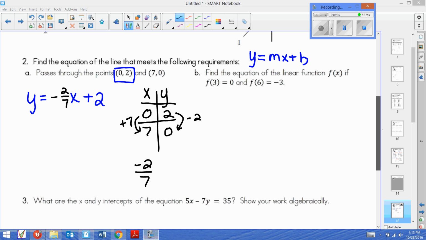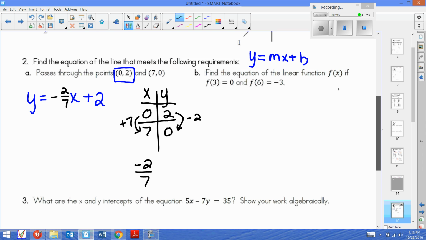Now 2b is very similar to 2a, except they gave us our points in function notation. So we still have 2 points. Let's just write them out over to the side. We still have the points (3, 0) and (6, -3).